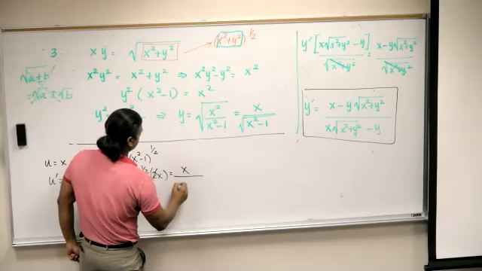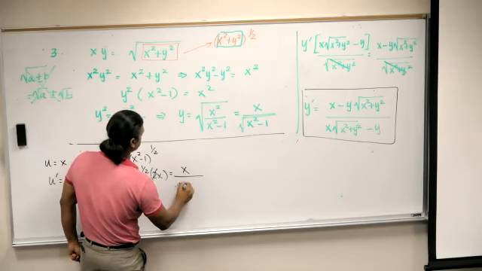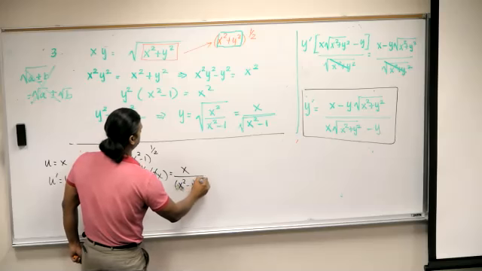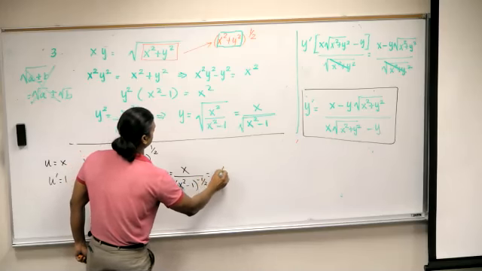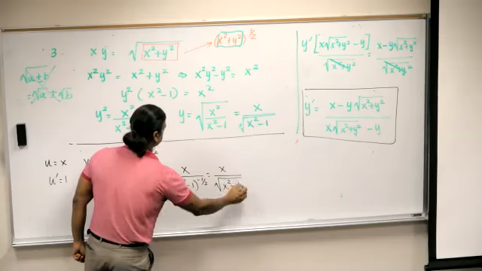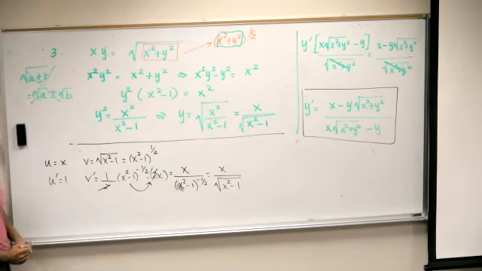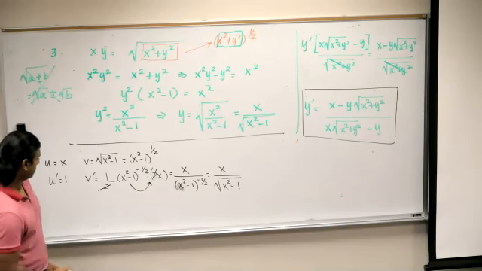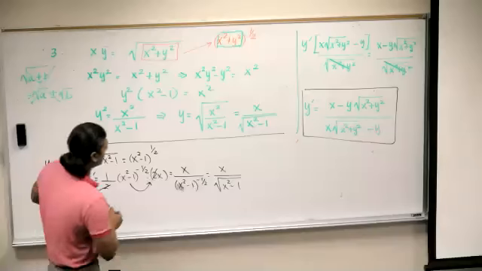You will have x over x squared minus 1 raised to the 1/2, which is x over the square root of x squared minus 1.